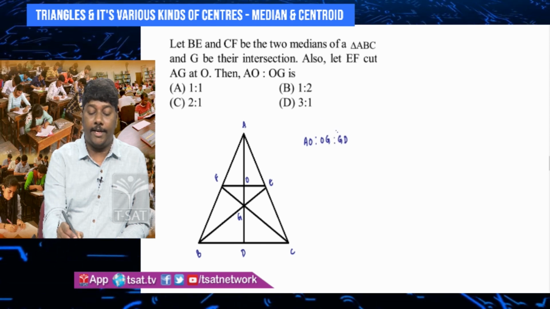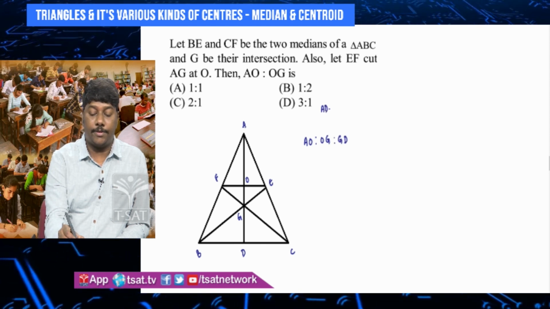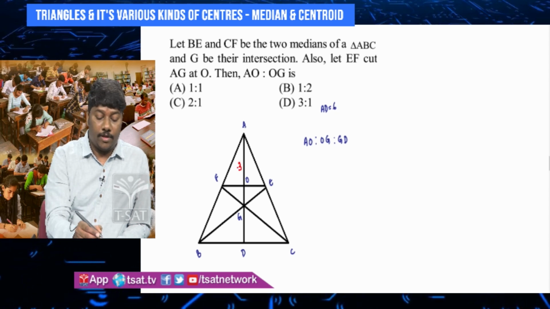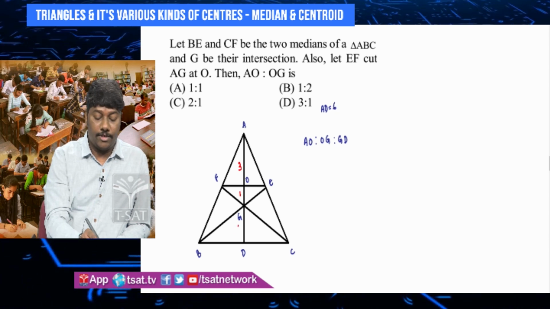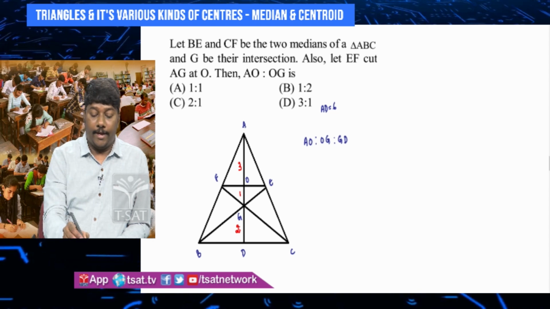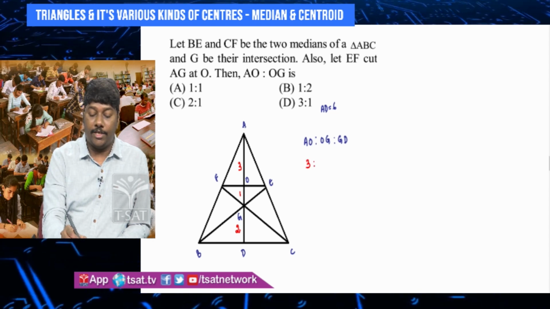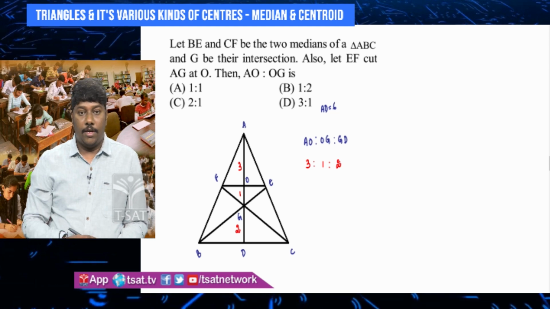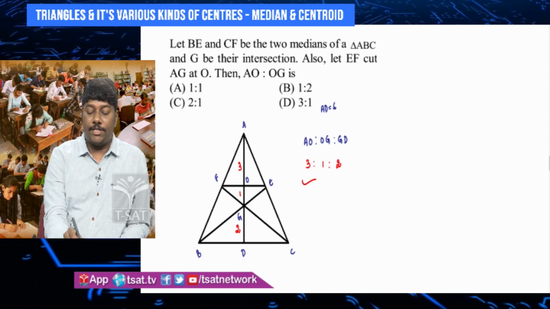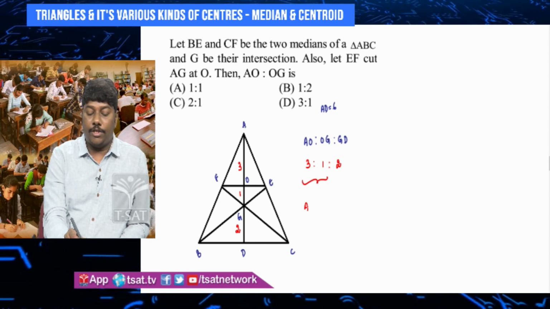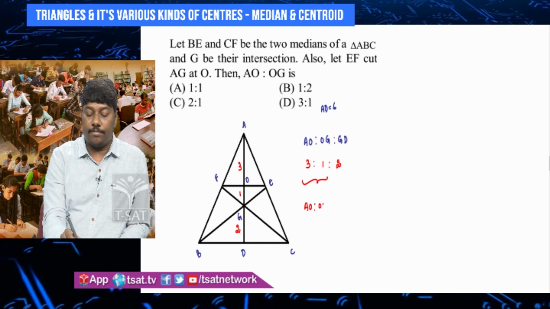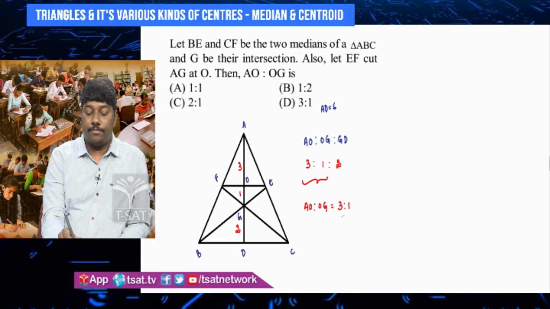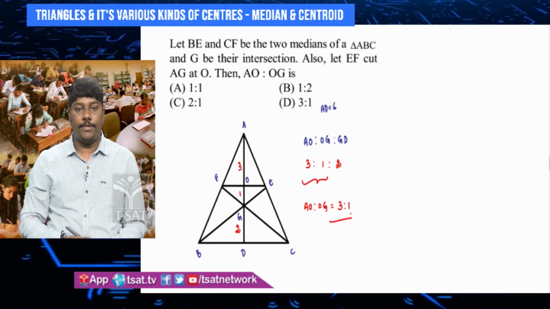We proved it by taking AD is equal to 6. If AD is equal to 6, this is 3, this is 1, GD is 2. Therefore, this is 3 is to 1 is to 2. Here only a part of it is asked in the question, that is AO is to OG is equal to 3 is to 1. So, the answer is 3 is to 1 in this case.